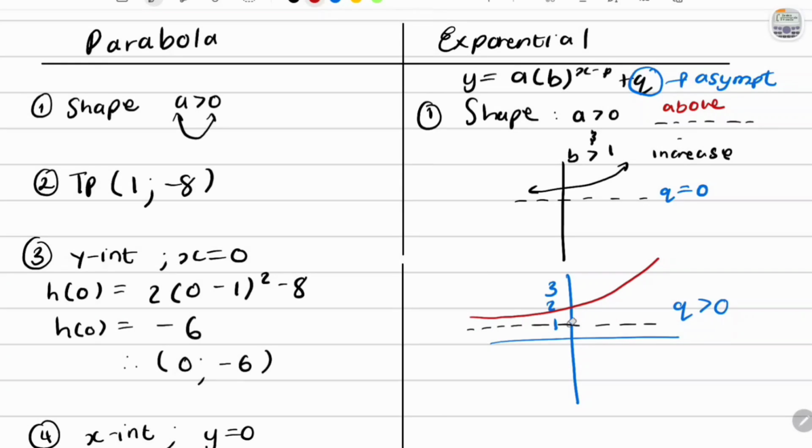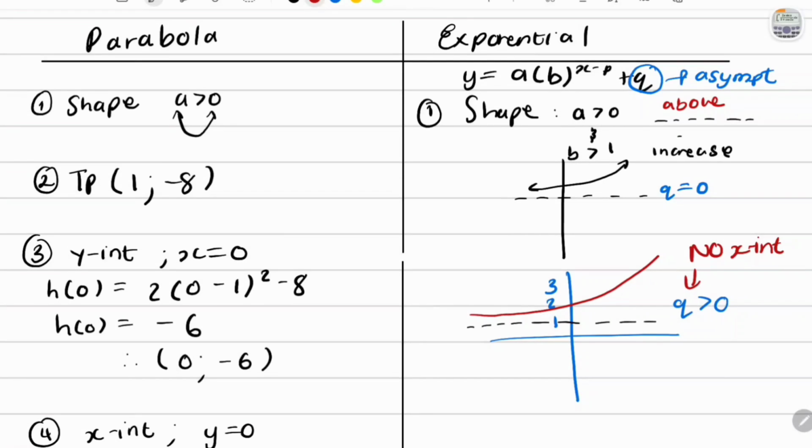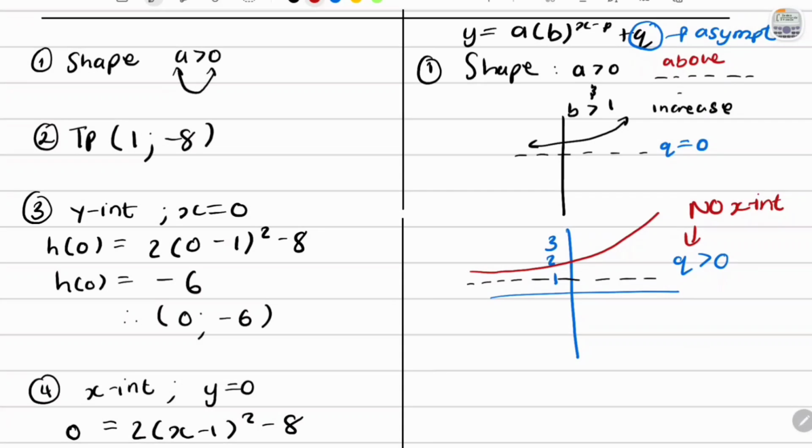And so, as you can see in this situation, this graph will not have an x-intercept. So if your asymptote is greater than 0, you will have no x-intercept. I'm just putting these so that you can remember them with exponential functions. And let me be exact with that. This is if q is greater or equal to 0, you will have no x-intercept.